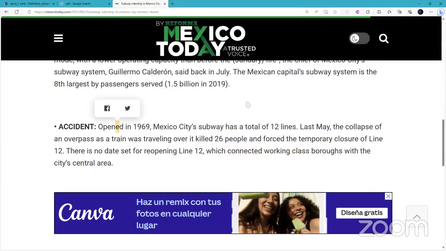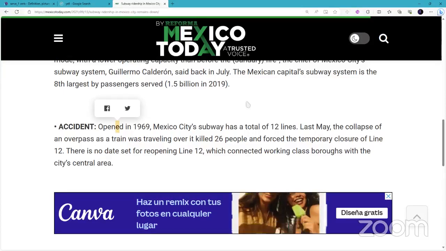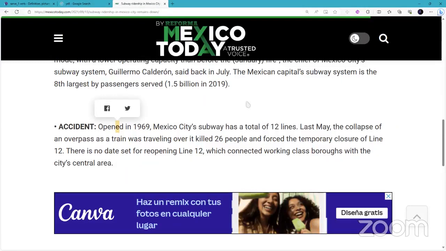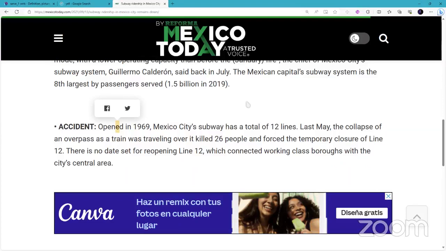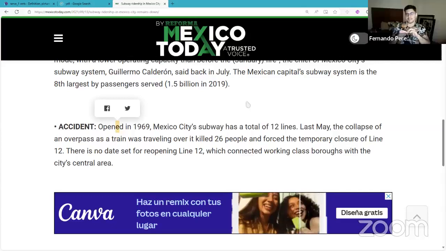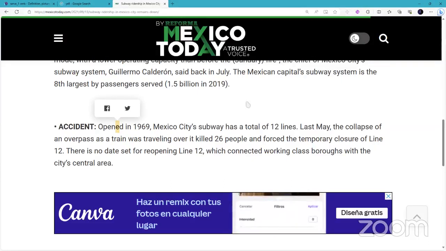Opened in 1969, Mexico City's subway has a total of 12 lines. Last May, the collapse of an overpass as a train was traveling over it killed. What is the past of kill? Killed. Excellent.